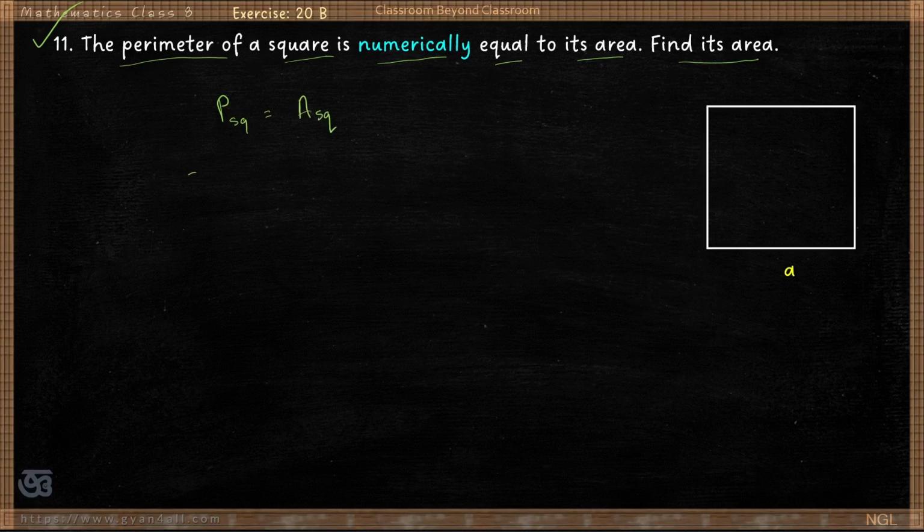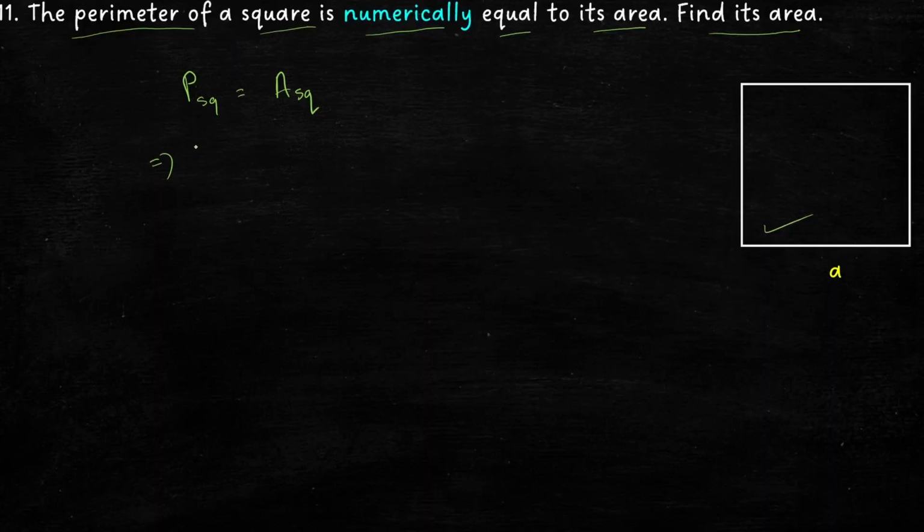So suppose a is the side as given in the diagram. The perimeter of the square is 4a, that is equal to the area of the square, a square. So you solve this: a square minus 4a is equal to 0. Therefore take a common, a into (a minus 4) is equal to 0.